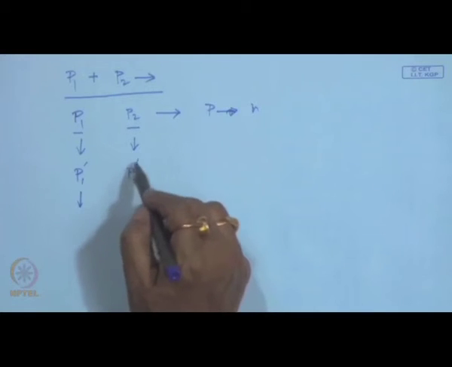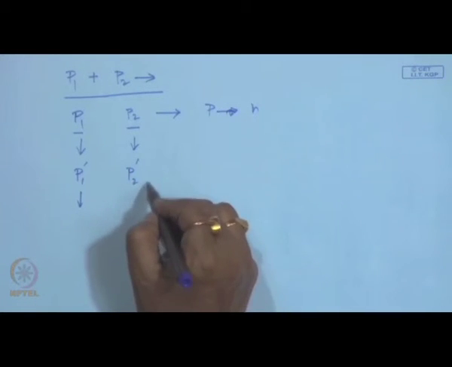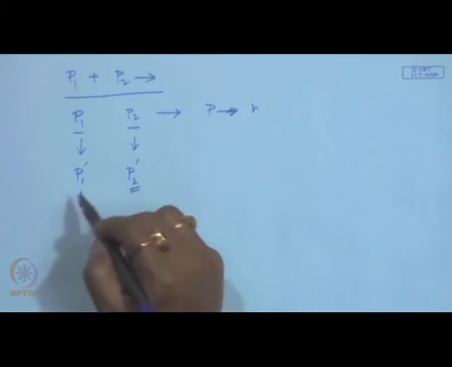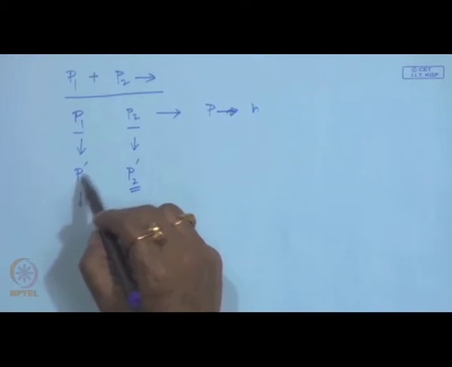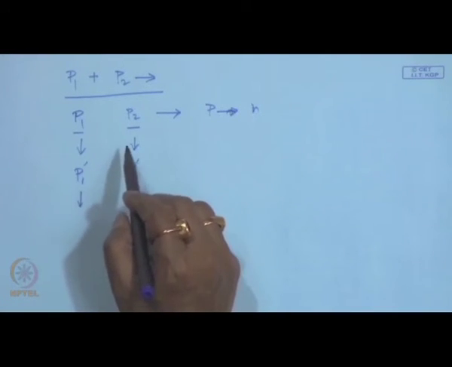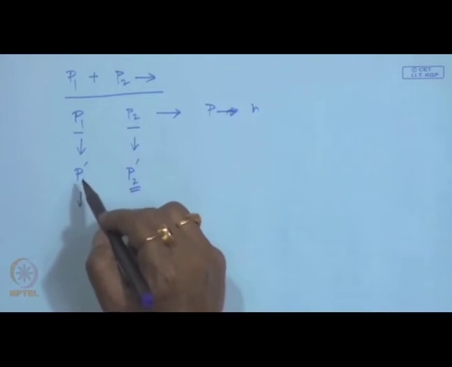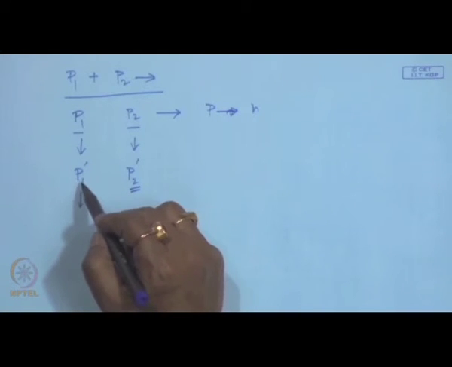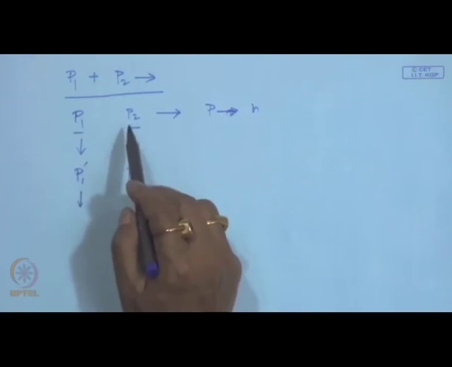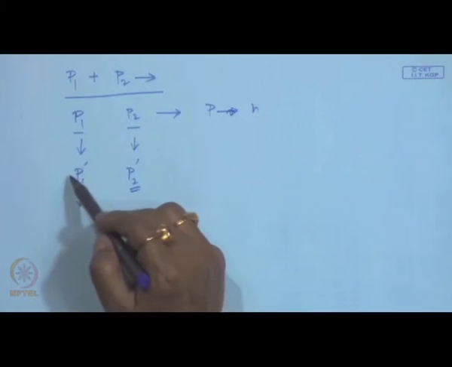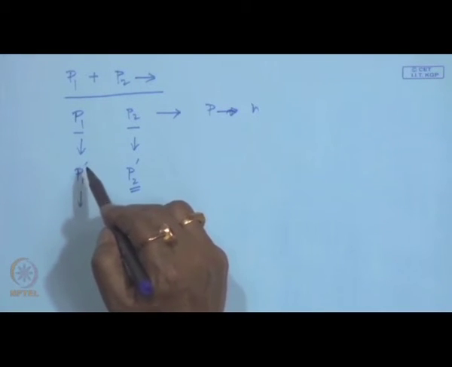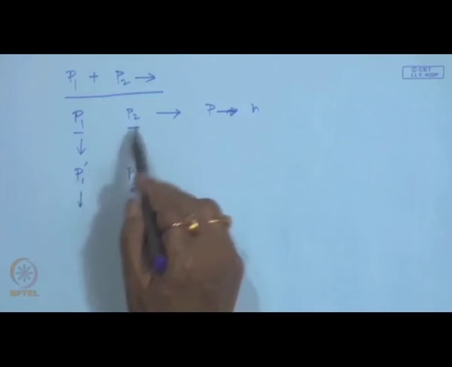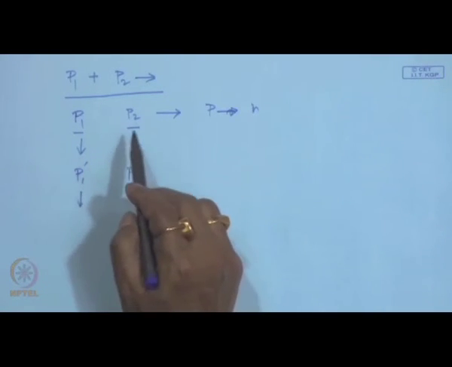We may or may not modify P2. Suppose P2 is a halogenated polymer, then we can mix this P1 prime with P2 through halogenation of polymer P1. So, P2 contains halogen atoms, P1 does not. So, we can add or attach some halogen atoms so that we can blend P1 and P2.